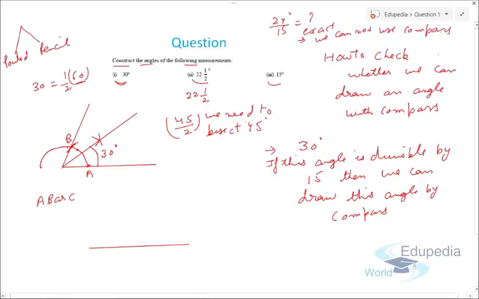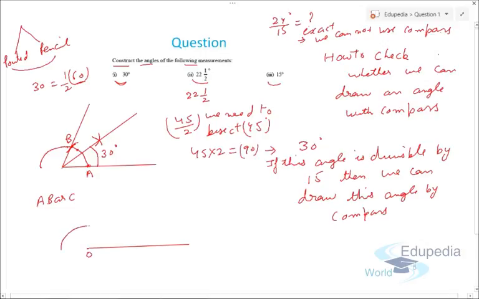Now 45 degree is not a basic or standard angle. If we multiply it by 2, it comes out to be 90, and 90 is a basic and standard angle. So first we need to draw a 90 degree angle.